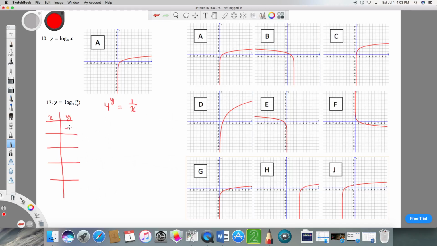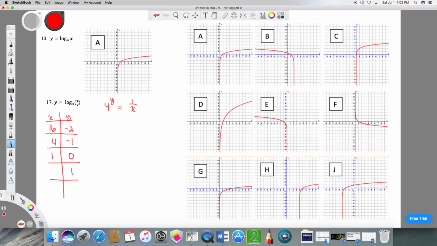So if I plug in negative 2 for y, on the left-hand side I have 1 over 16. If I take the reciprocal, that'll be 16. If I plug in negative 1 for y, on the left-hand side I have 1/4. And if 1/4 is equal to 1 over x, then x is equal to 4. By definition, 4 to the 0 power is 1, and 1 divided by 1 is 1.